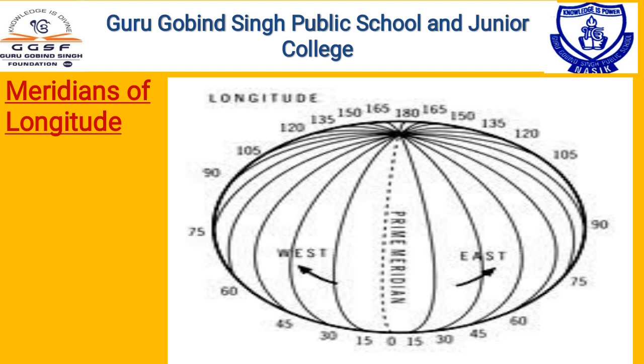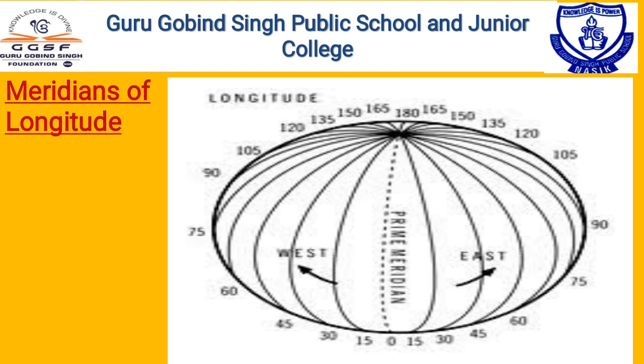This circle divides our earth again into two parts. As we saw, the equator also divides our earth into two parts, the northern hemisphere and the southern hemisphere. In the same way, the 0 degree meridian and the 180 degree meridian form a circle. They divide our earth into an east part and a west part.